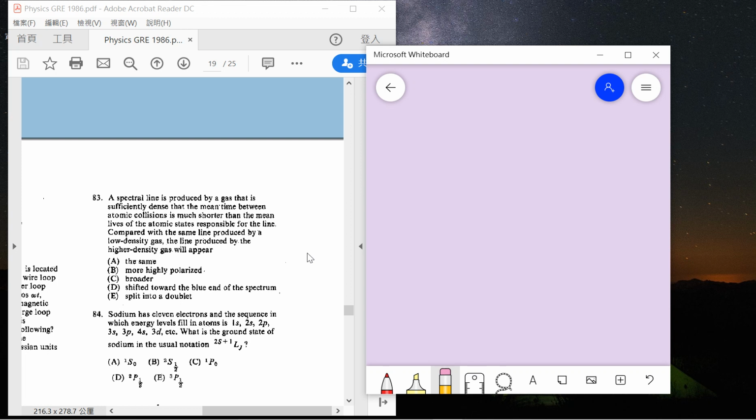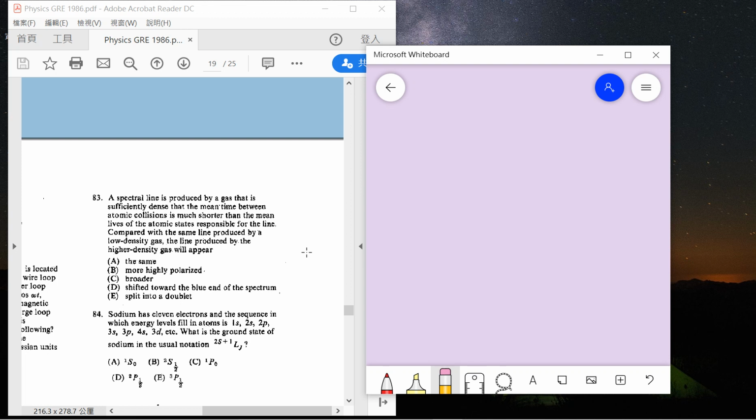A is impossible, right? You will not choose the same. B says the line is more highly polarized, C says broader, D says shifted toward the blue end of the spectrum, and E says split into a doublet. So E is impossible, because splitting into a doublet means there's a magnetic field.